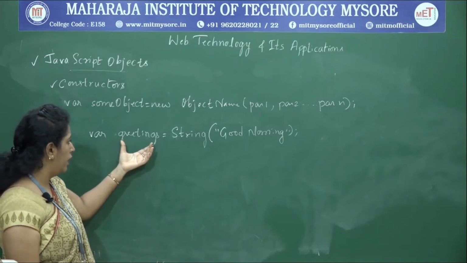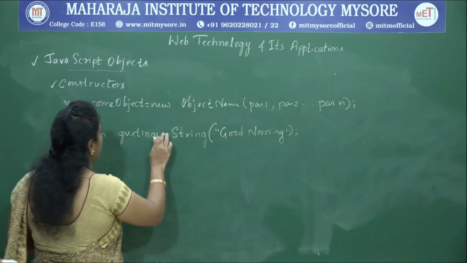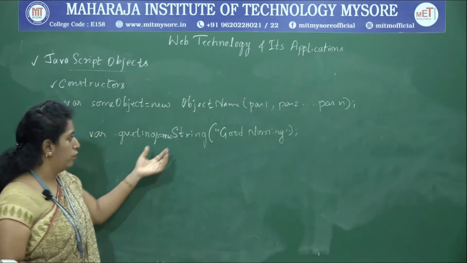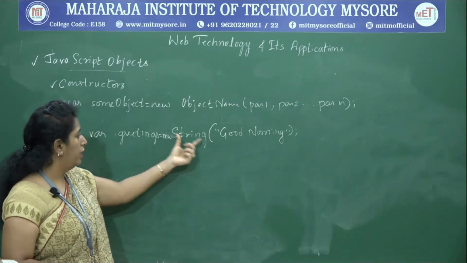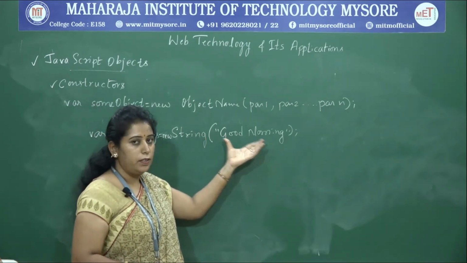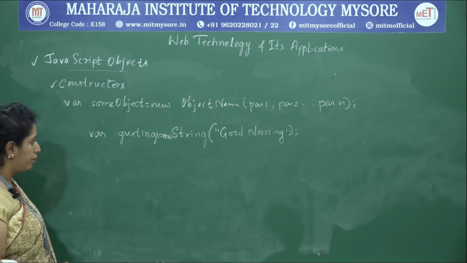The object name is greetings, and here, sorry, I have to specify new. Then the object type is String. So the parameter is good morning. This is how we can use it.